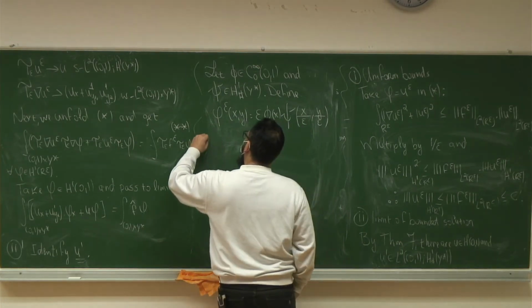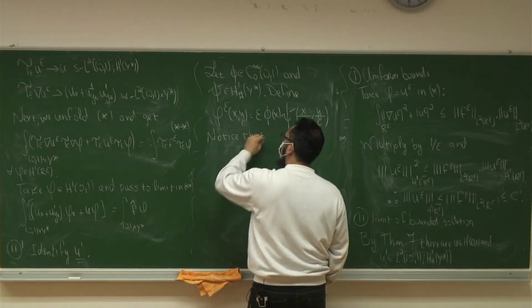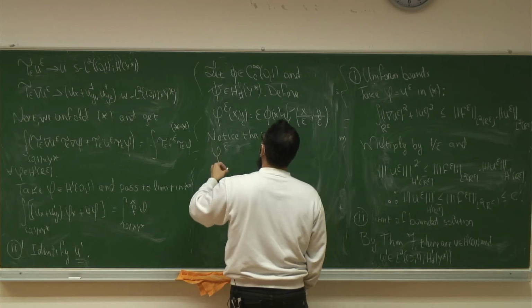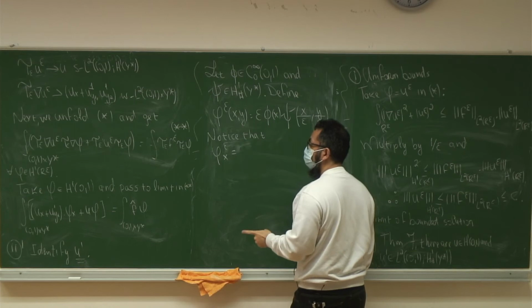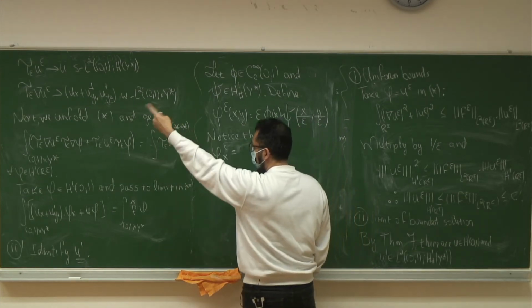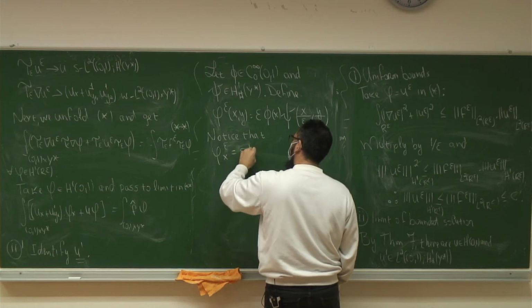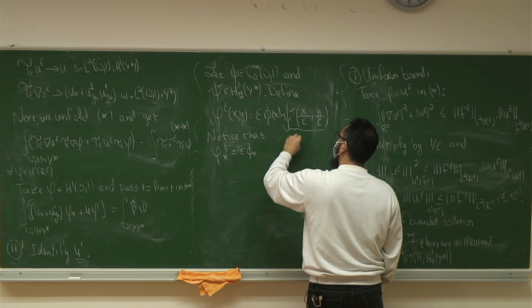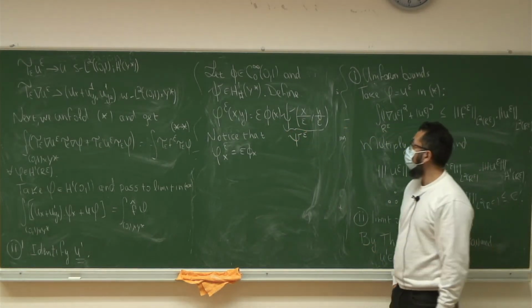And now notice that if we get this phi epsilon and differentiate in x, which will be the variables of r epsilon, here, let me make a small remark. I will simplify the notation just calling this psi epsilon, okay?